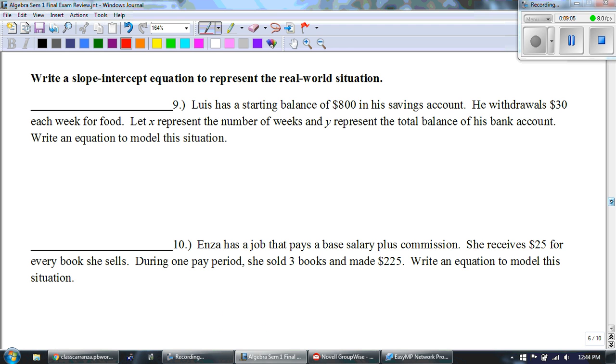Okay, so Luis has a starting balance of $800 in his savings account. He withdraws $30 each week. Let x equal the number of weeks and y represent his total balance. There are only two numbers: a starting balance and a 30.